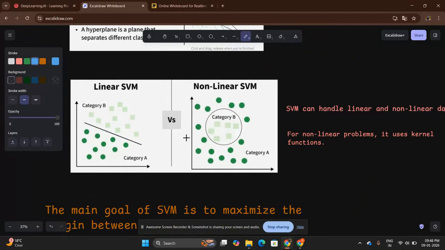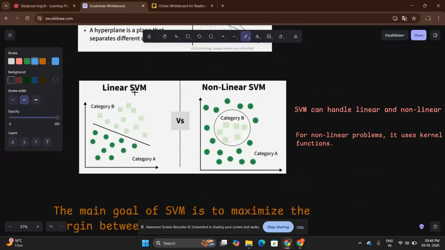Support vector machine is used for both linear and non-linear problems. By drawing a straight line to separate the two different categories or classes, it is called linear. Where we cannot draw a straight line, that problem is called a non-linear problem.